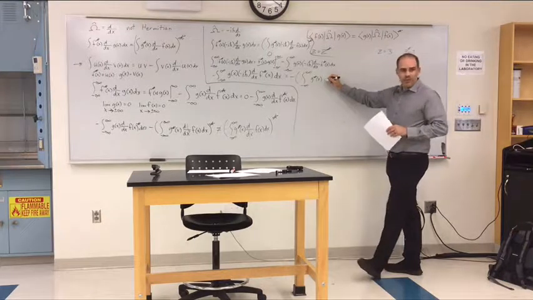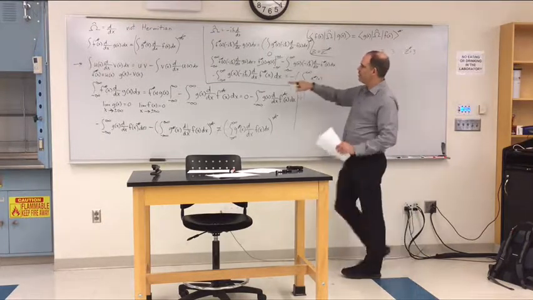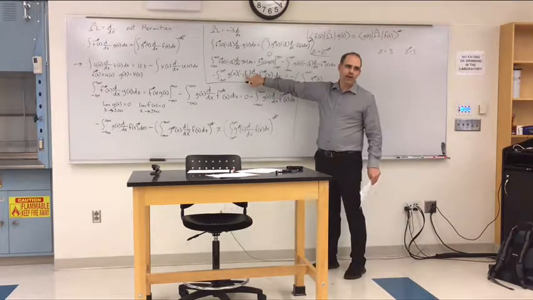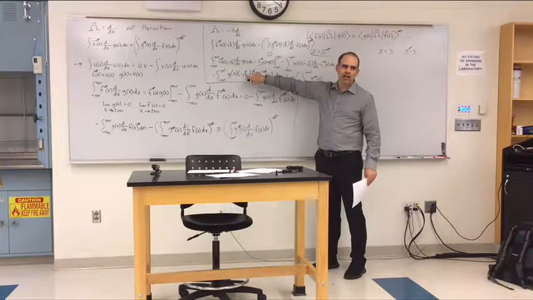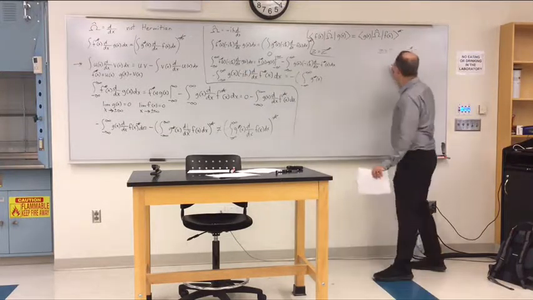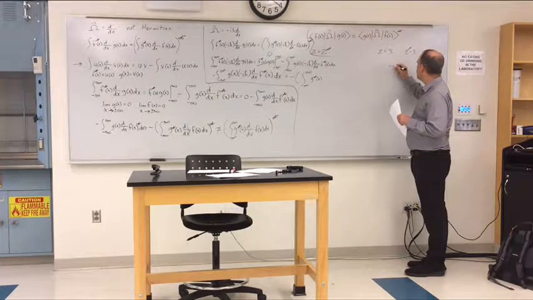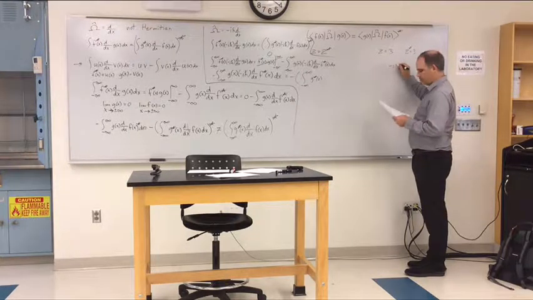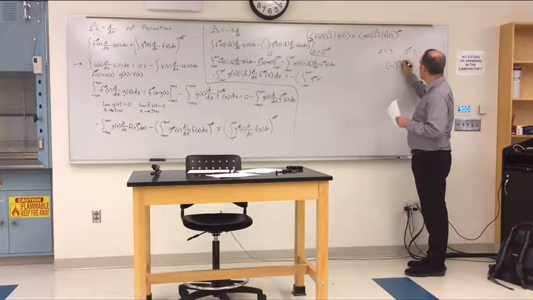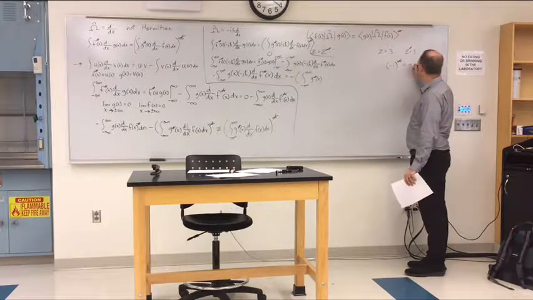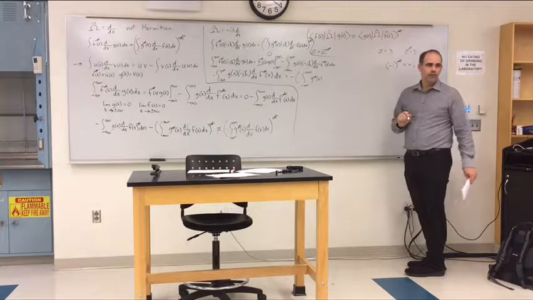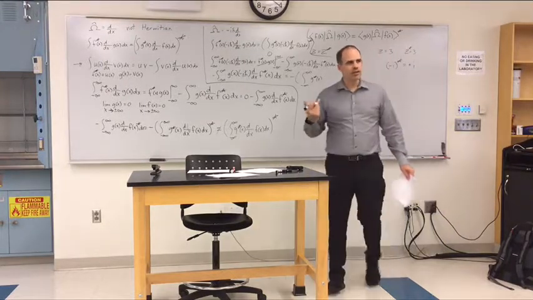We now have an imaginary component in our operator, and so we take the complex conjugate of this, right? So negative i, complex conjugate is plus i. That's sort of the definition of complex conjugate.